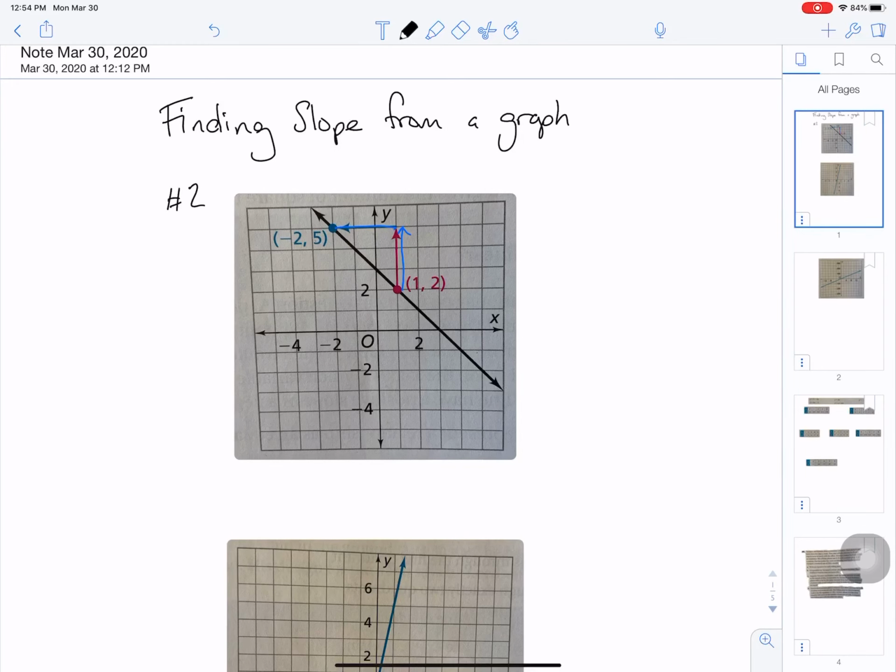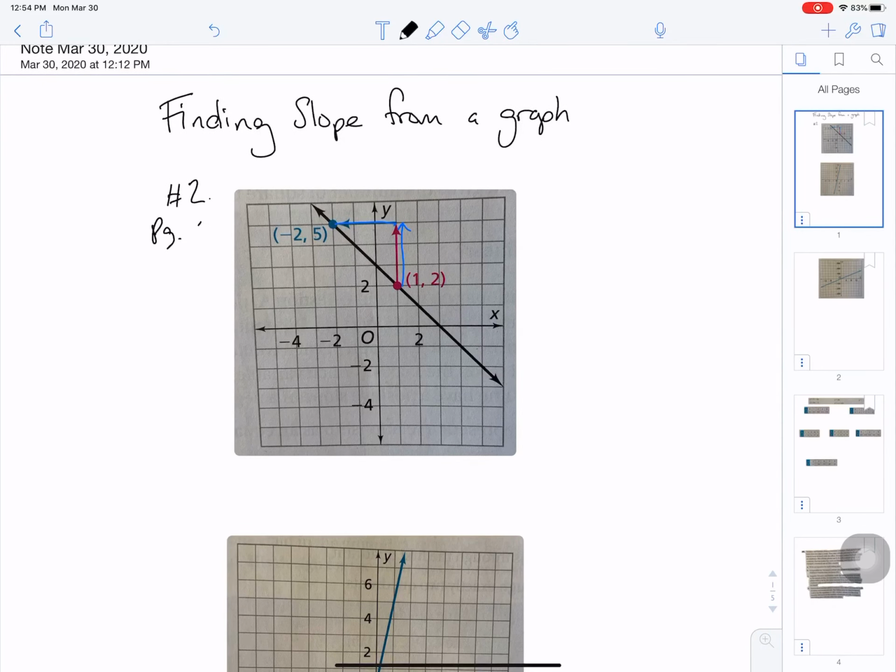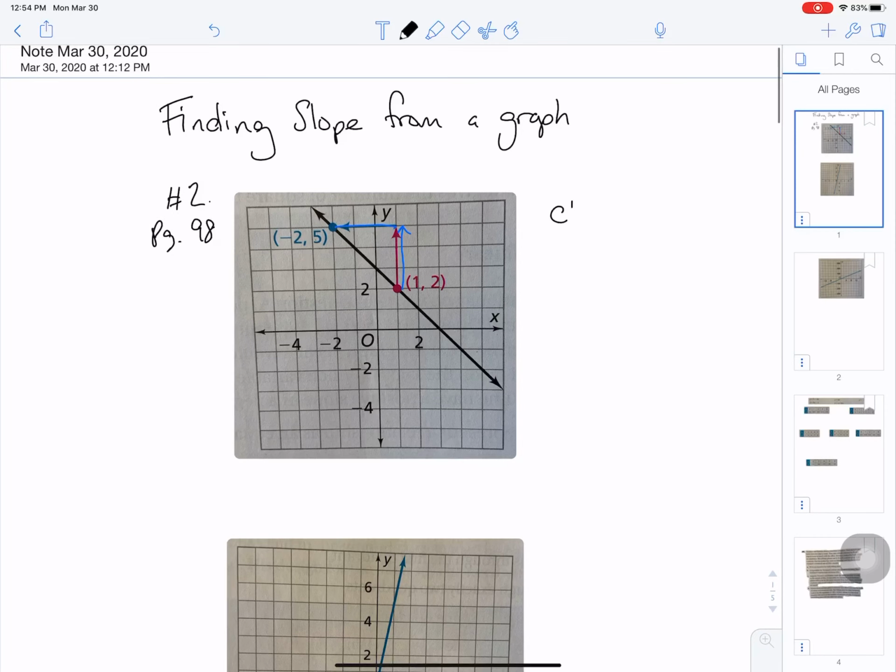Basically, you can see that we have both the change in y and the change in x already shown. I drew arrows in there, but basically we're looking at how much up it goes from one point to the next.